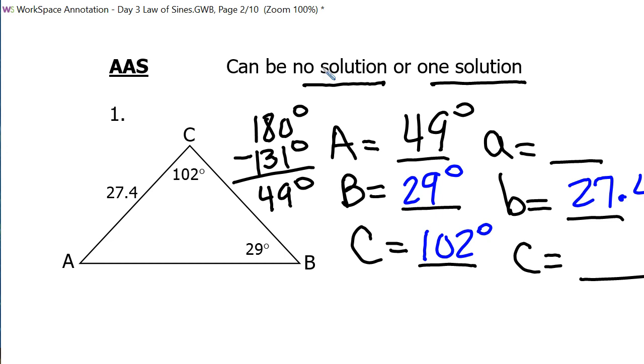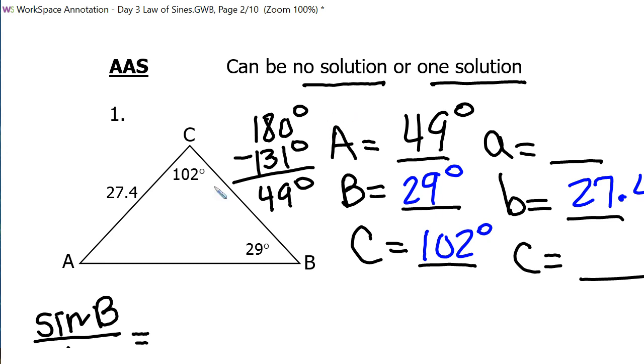Now, we are going to use the law of sines to find side A as well as side C. When you're using the law of sines, you need one angle and side pair. So we already have an angle and side pair with the B value. So we're going to do sine of angle B divided by side B is equal to, let's solve for side A first.